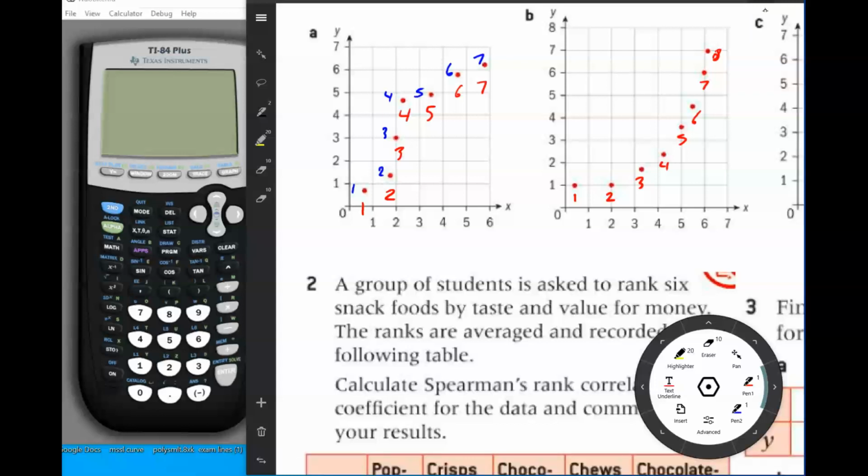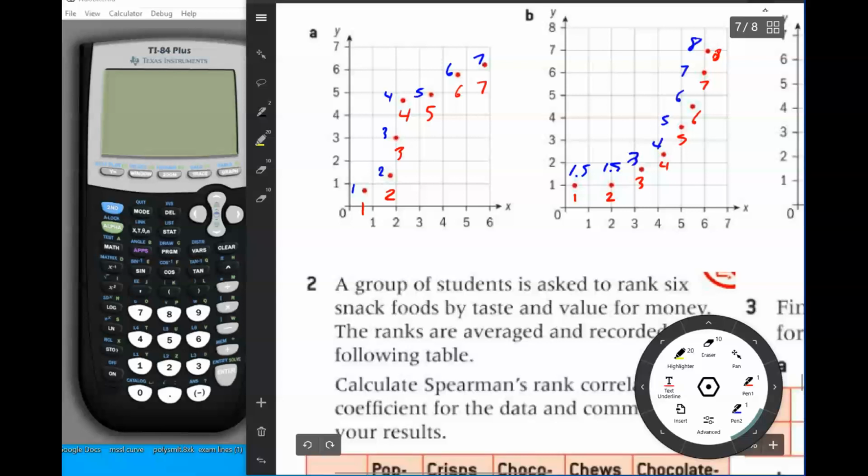Okay, and if you look at from the y point of view, it's kind of hard to tell. It looks like 1 and 2 might be tied. So if 1 and 2 are tied, I would put a number between 1 and 2, 1.5, for the first two, for the ranking, because they're kind of tied between first and second place, right? And then I can start numbering them from 3 through 8, right?